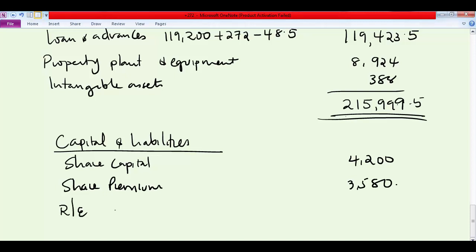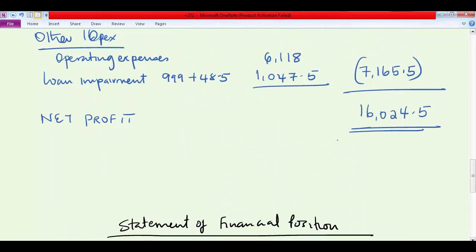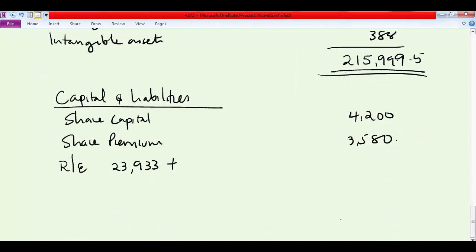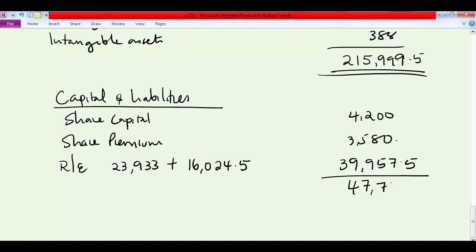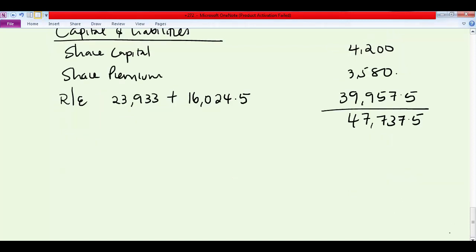Retained earnings, so we take the one that we have, and to this we add the profits that we got from our P&L, which is 16,024.5. It gives you a total of 39,957.5. Add them up, 47,737.5.